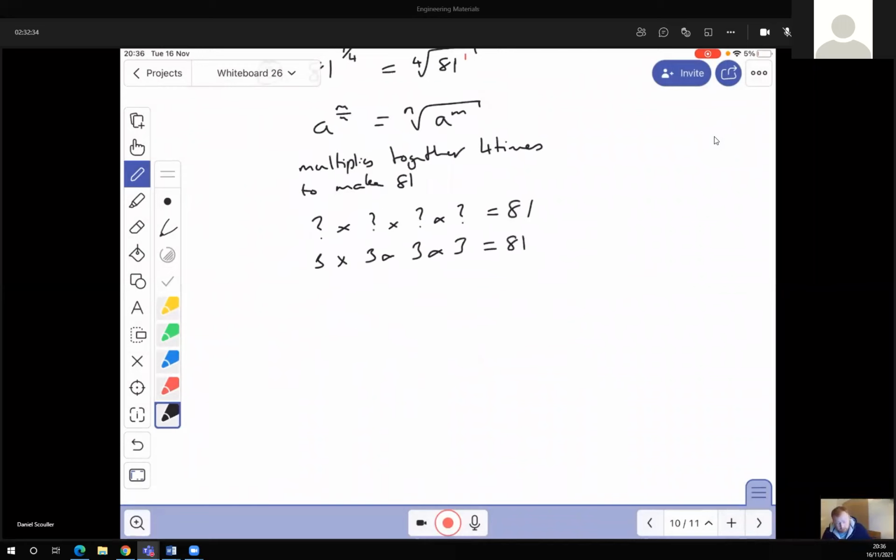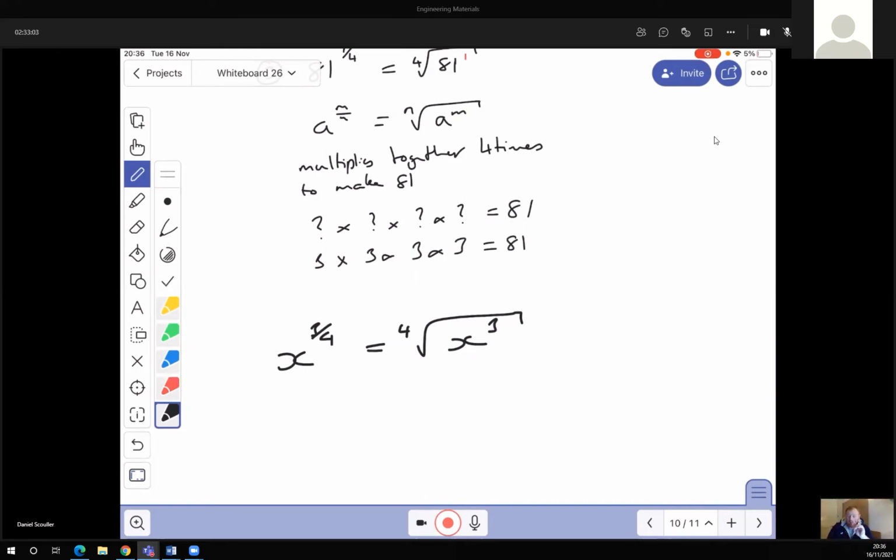So let's look at a question that is potentially quite common to come up. It will give you a power and it will give you a root.